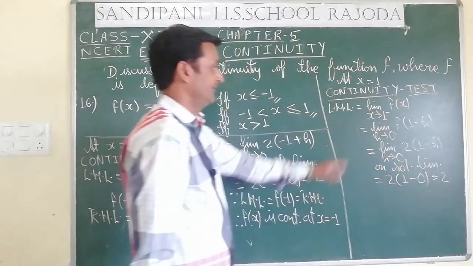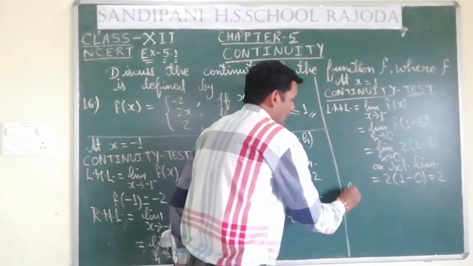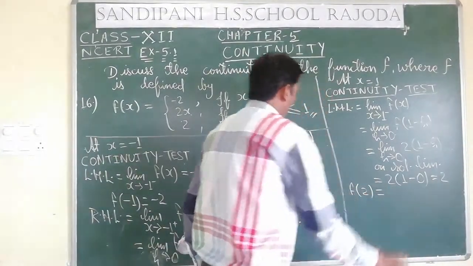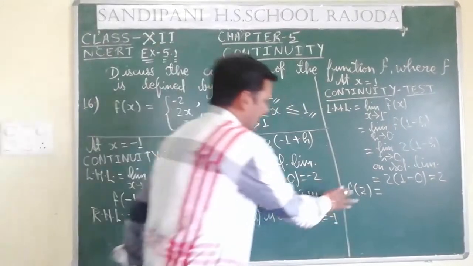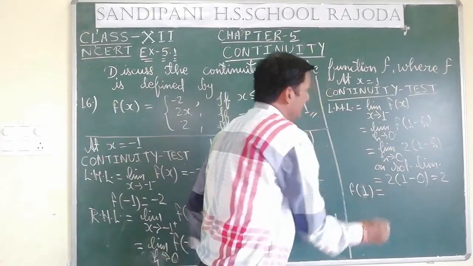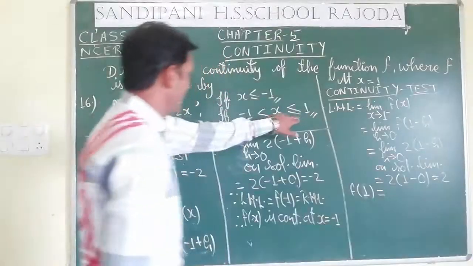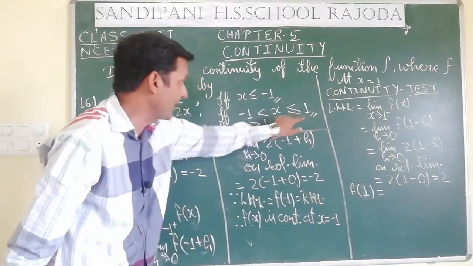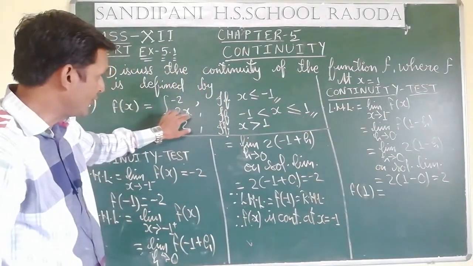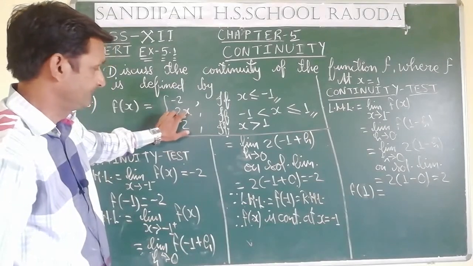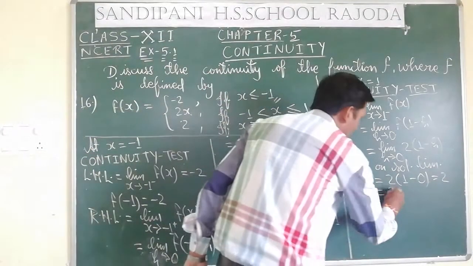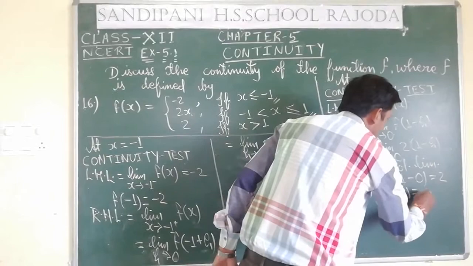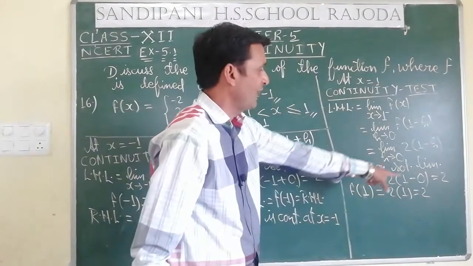It is LHL. f of 1, because at 1 we are discussing f of 1. At 1, it is equal to 1 also, this part. So we have to substitute the value 1 here. So it will be 2 into 1, that is equal to 2, means LHL is equal to f of 1 here.